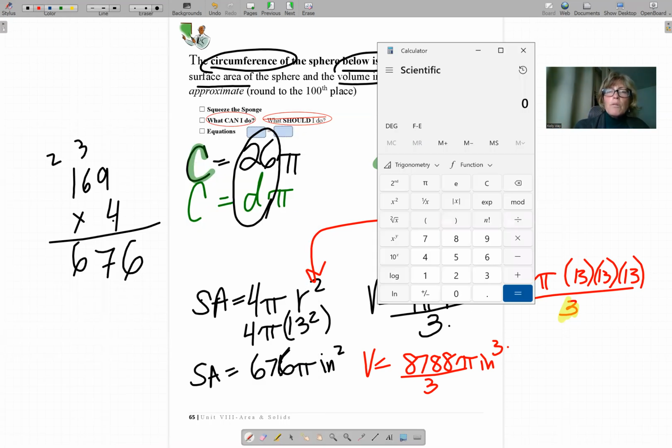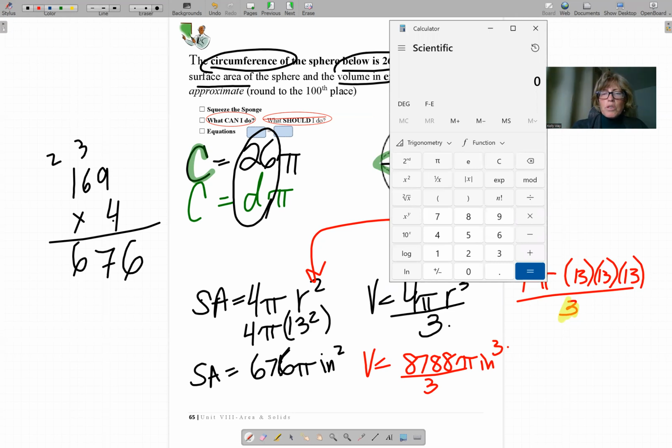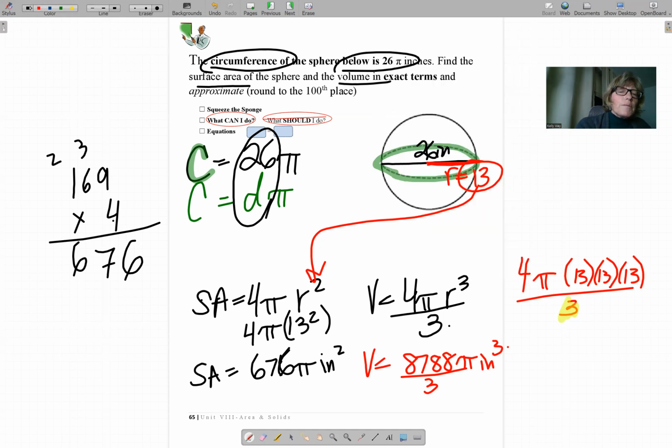Then to do approximate, of course, you just do 676 times your pi key. Round it to the tens place is fine. 2123.7 inches squared. There's your surface area. Volume.